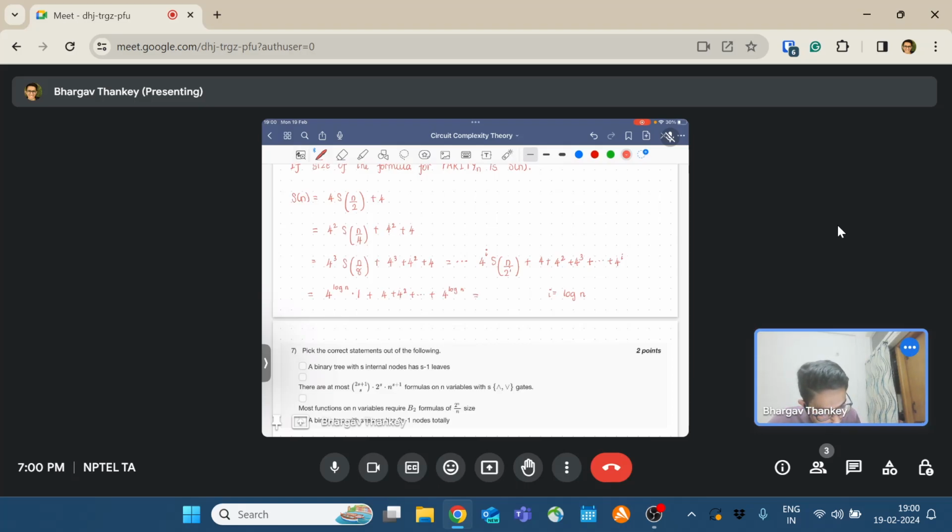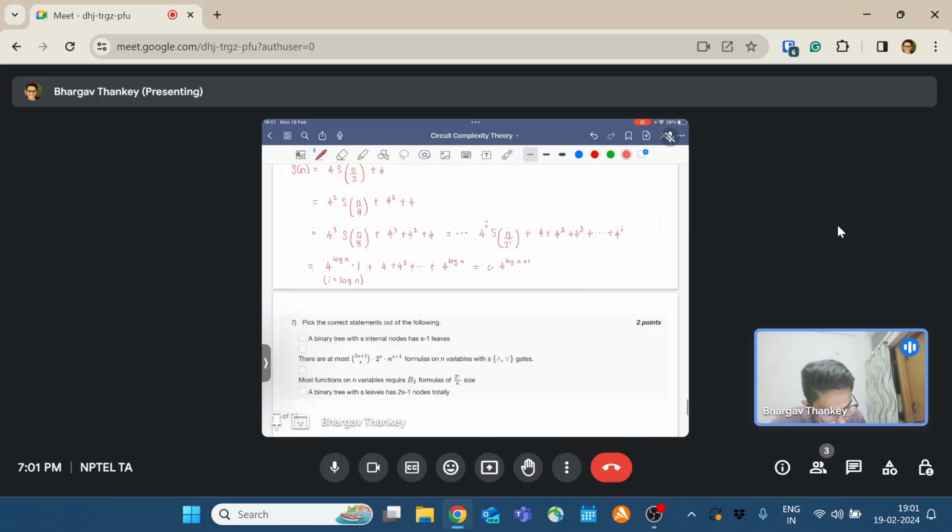And okay, so what is this? This would be something like constant times 4 to the log n plus 1, right? Okay, so I need to move this somewhere. And what is this?